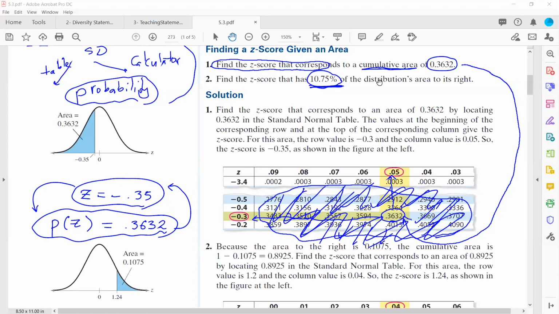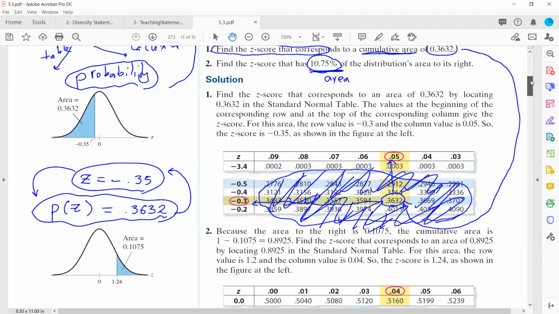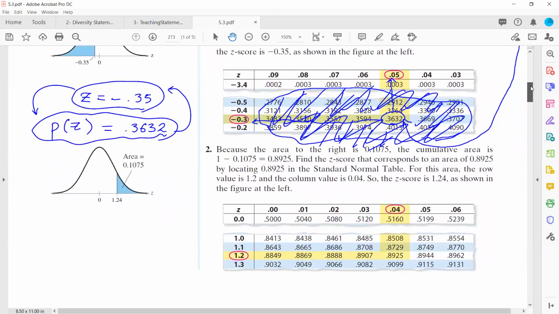Area or probability is given here. You're looking for your z value. Okay, perfect. 10.75%, you have to find that number in the table.